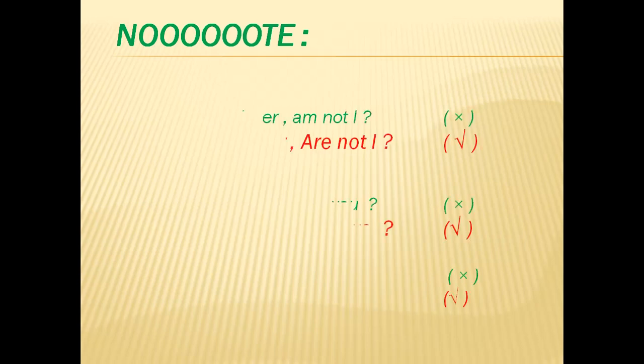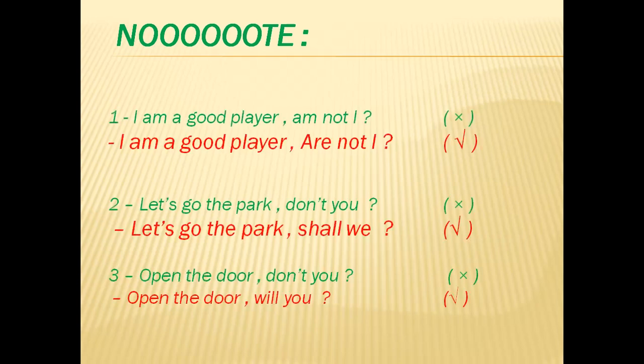What are they? Number 1, I'm a good player. This statement, at first it's affirmative, yes, very good, but here the auxiliary verb is ambiguous، غامض، مش واضح. المفروض ان انا عندي اقول am not I، المفروض ان انا احولها change into negative. قال لي لا، دي الحالة الوحيدة اللي I يأتي معها are.